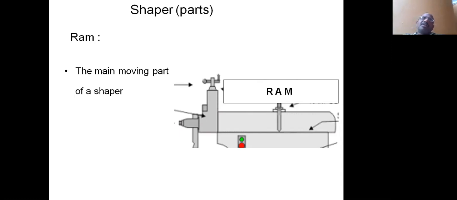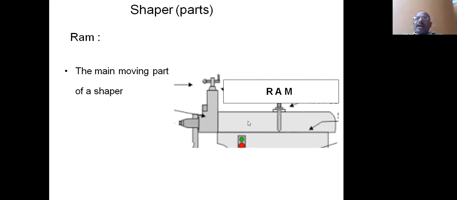But whatever the type of cutting tool, that particular cutting tool is supposed to be attached to the RAM. How is it attached? Directly it is not possible, because it is done with the help of an intermediate element. What is that intermediate element? That is the clapper box.